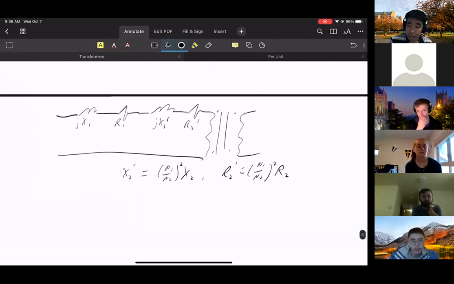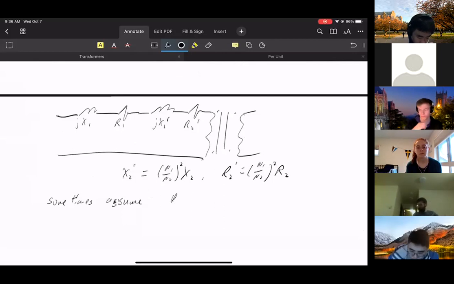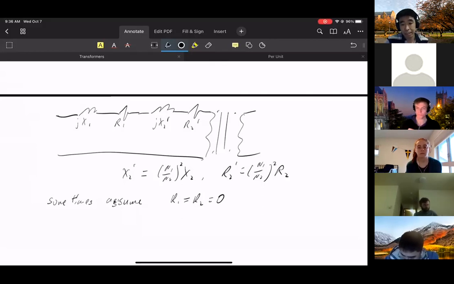This is often the assumption we make, but sometimes we also assume R1 and R2 are 0. We can assume the wire is a pretty good conductor.